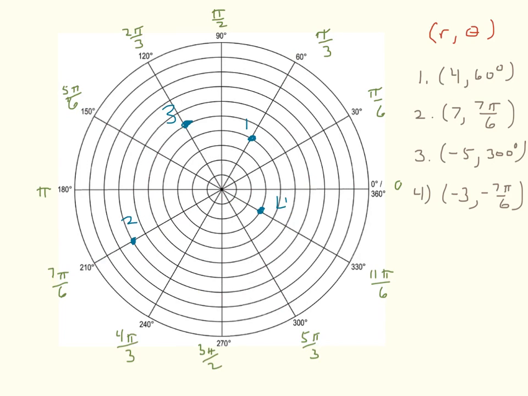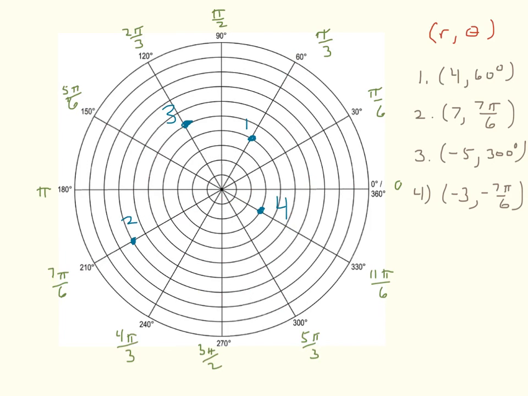That would be point 4. Now, one of the things you also have to keep in mind, and what's unique about polar coordinates, is that they do not have a unique name. Number 4 is -3, -7 pi over 6. It would also be +3, 11 pi over 6, or +3, -pi over 6.